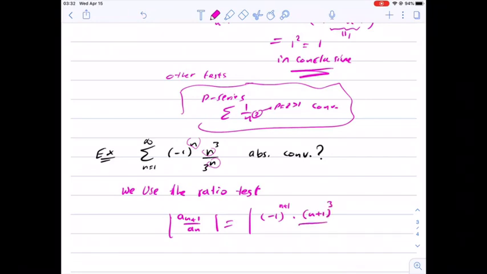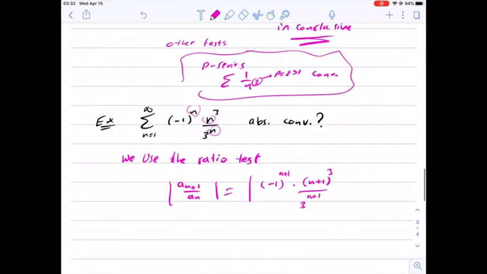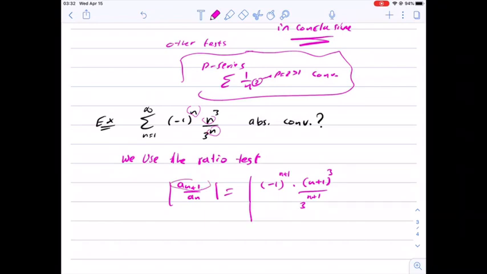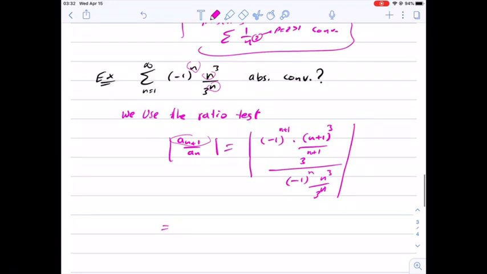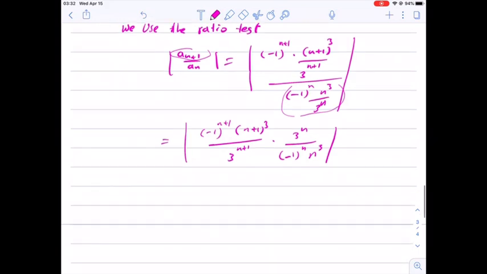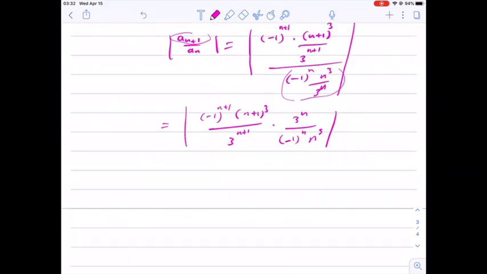So a_(n+1), we plug n plus 1 here. So we have (-1)^(n+1) times (n+1) cubed over 3^(n+1). This is a_(n+1), all divided by the original a_n, (-1)^n times n cubed over 3^n. And then we take the reciprocal of the denominator. We have the absolute value of (-1)^(n+1) times (n+1) cubed over 3^(n+1) times 3^n over (-1)^n times n cubed.